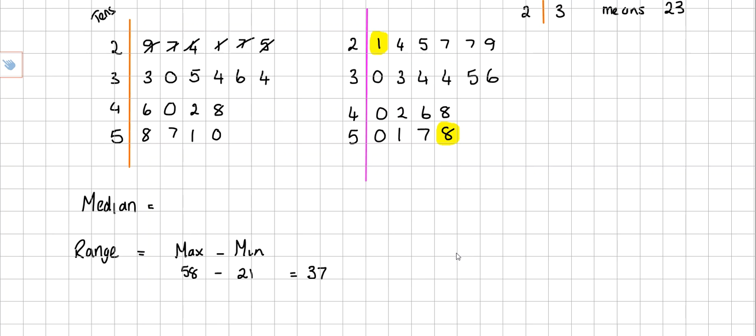Let's say if it was math scores, you got somewhere in between 21 and 58. Yeah, so that's the range, but what does the range actually tell you? What does it matter knowing it? How can it affect things?